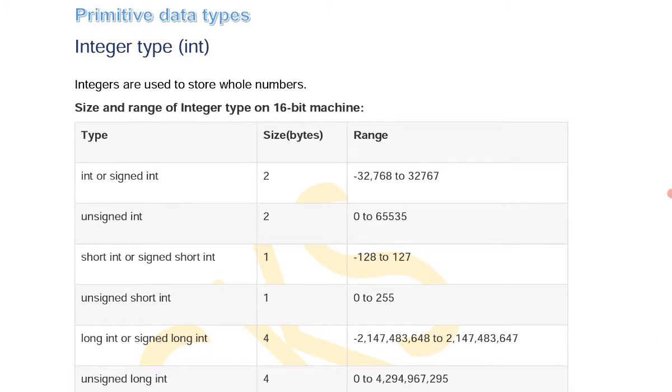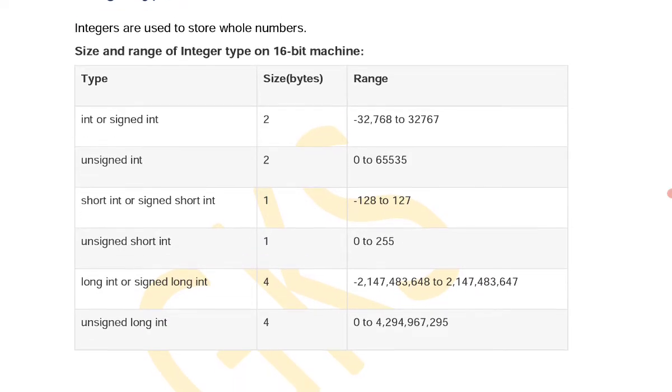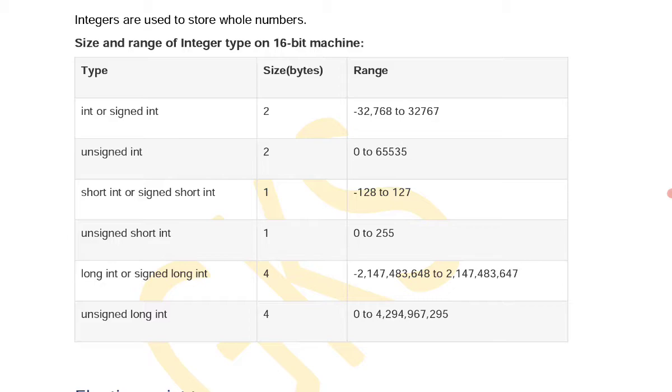So what are the different types of integer data types available in C language? Int or signed int occupies 2 bytes, and the range is -32768 to +32767.